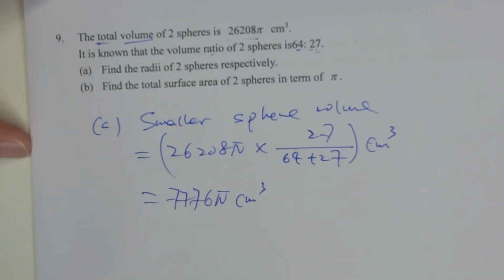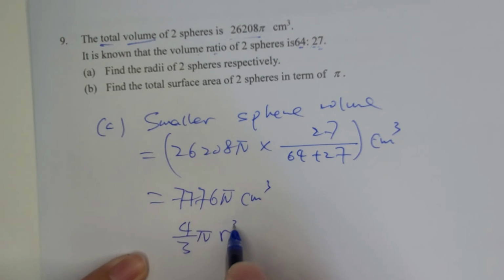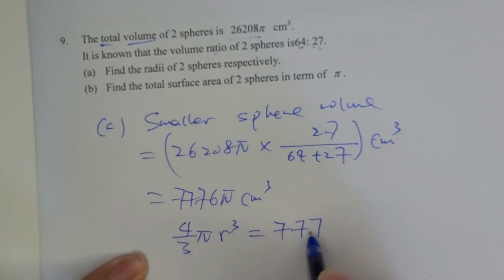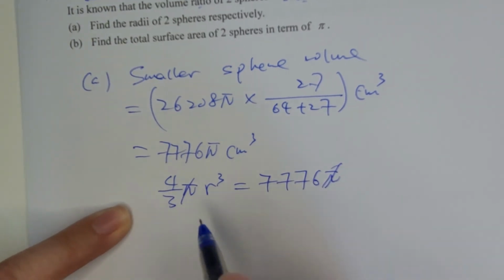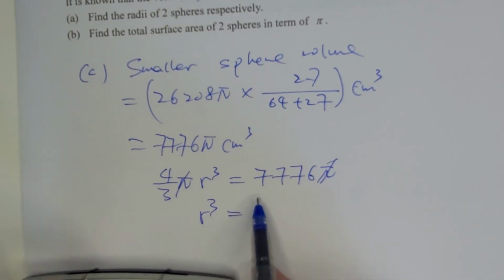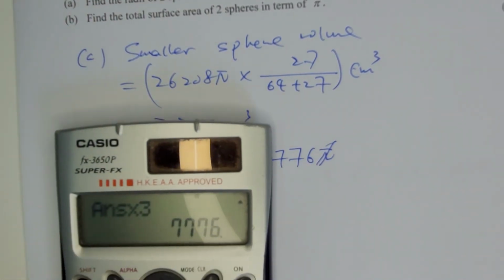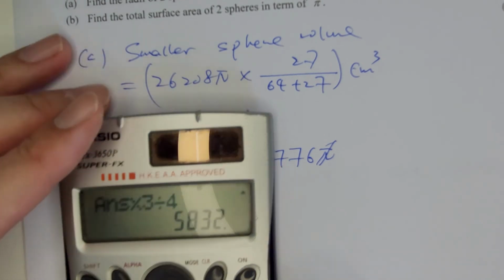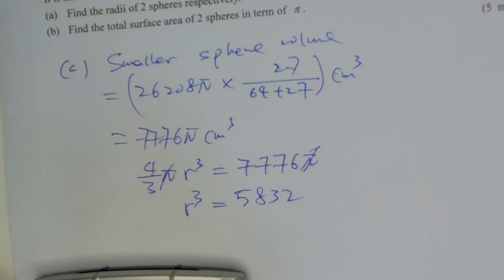And we suppose r is the radius of the smaller sphere, so 4/3 times pi times r cube equals 7776 pi. Pi can be cancelled. r cube equals 7776 times 3 divided by 4, which is 5832.